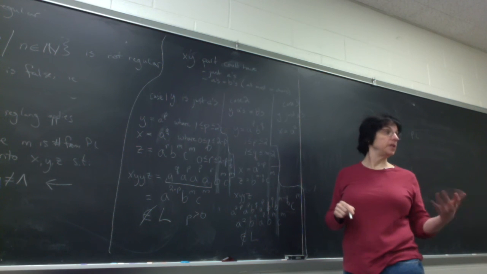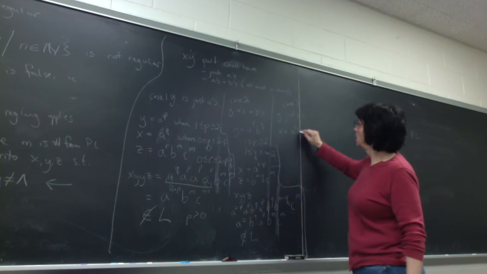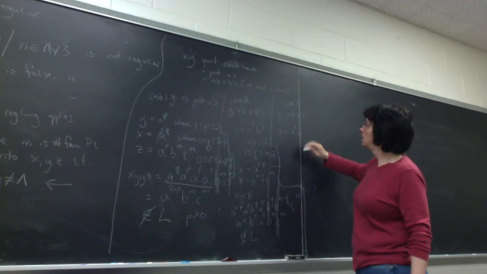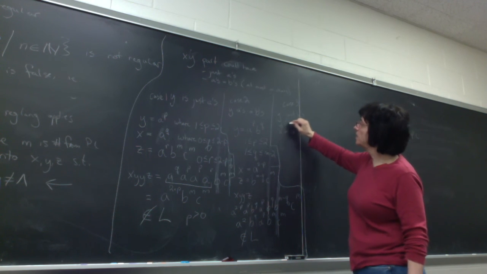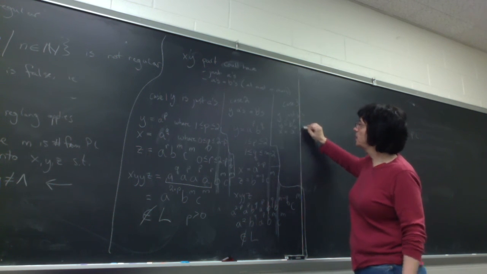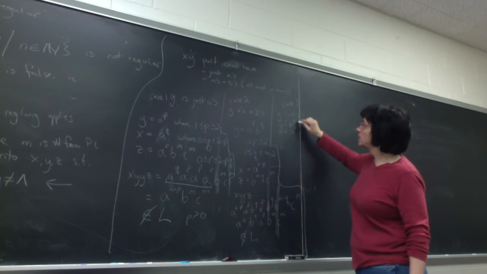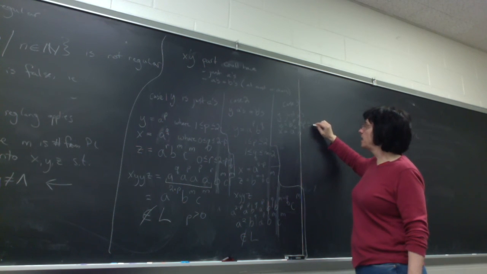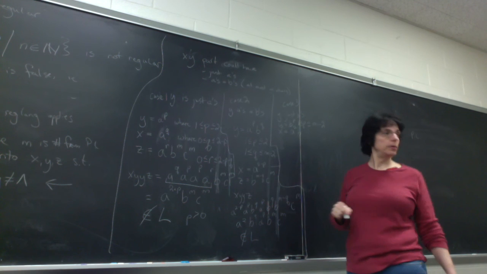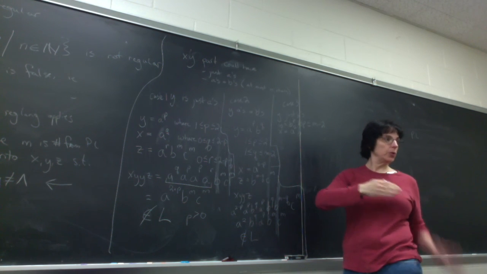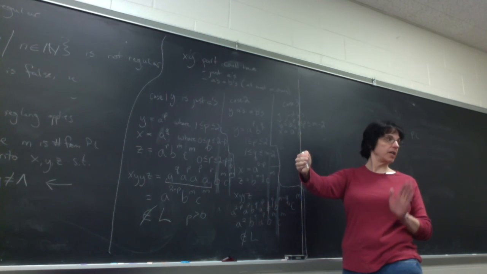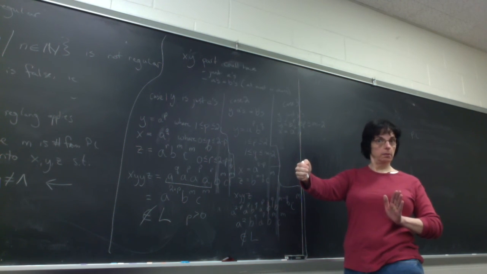And some b's. Let's see, what's y? We'll do y first. y is going to be b to the p, where p has to be at least 1 and can't be more than m minus 2. Right, because we got those first 2 characters, and then we got m minus 2 more to make m of them, because y can only go up to the first m. Yeah?